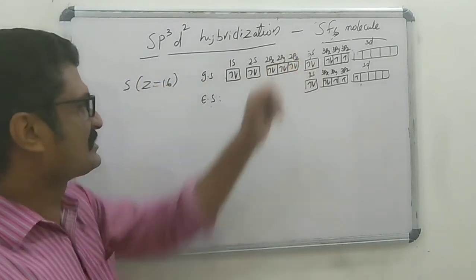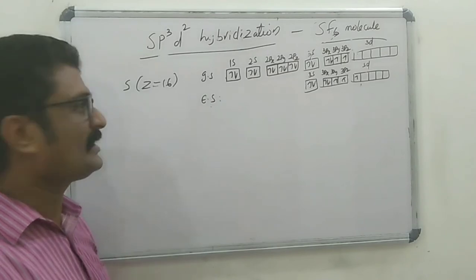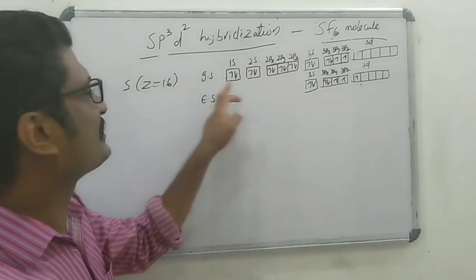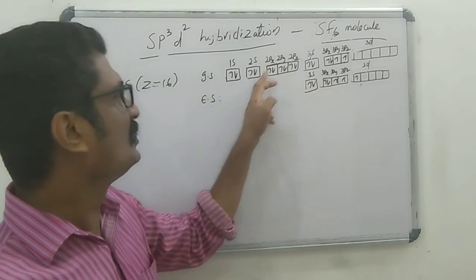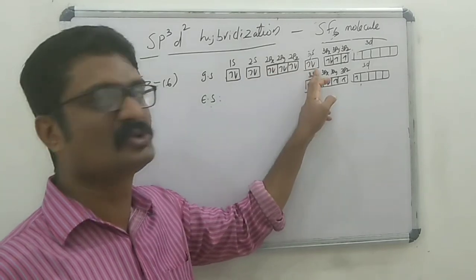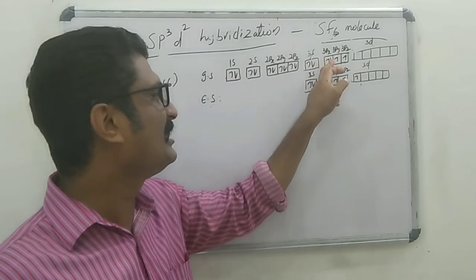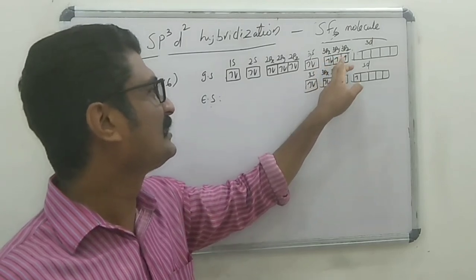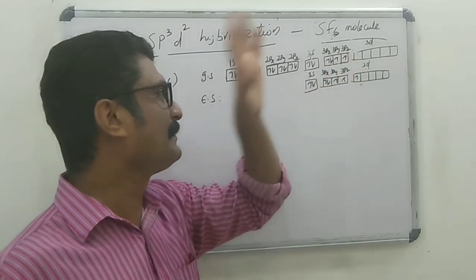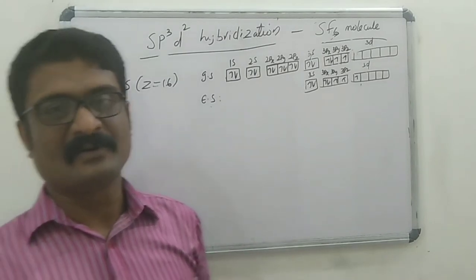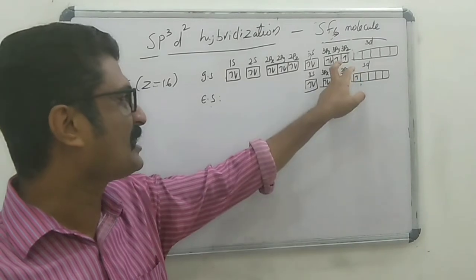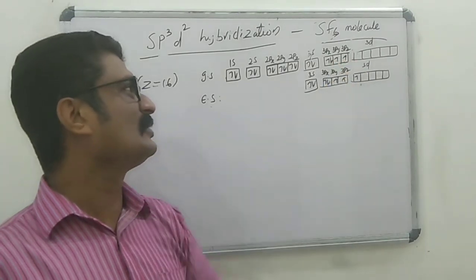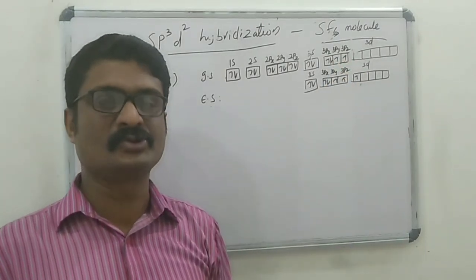Okay, in SF6 we know the central atom is sulfur, its atomic number is 16, its ground state electronic configuration is 1s2, 2s2, 2p6, 3s2, then 3px2, 3py1, 3pz1. Okay, then the ground state electronic configuration indicates the covalency of sulfur is 2.